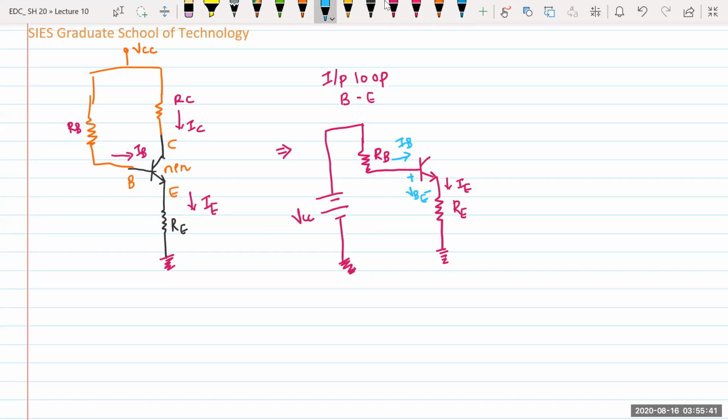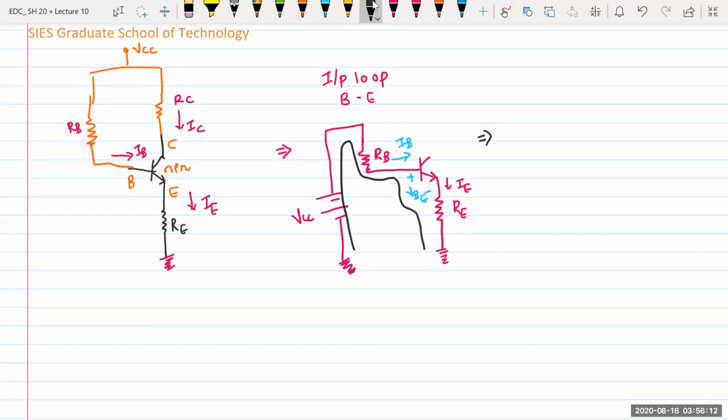So as per our concept, I'll apply the loop. For the loop, I'm going to start from one ground point and end at another ground point. Whatever parameter I come across in this path, I am going to write down for my input loop. So my input loop contains plus VCC minus IB RB minus VBE minus IE RE is equal to 0.